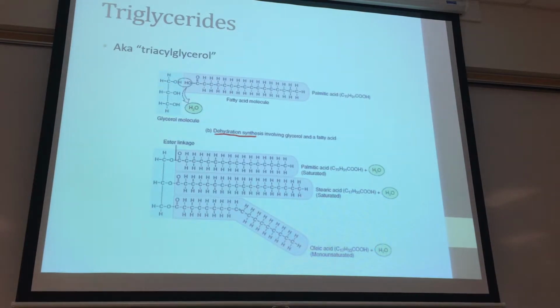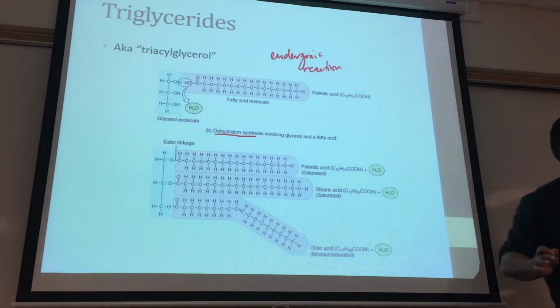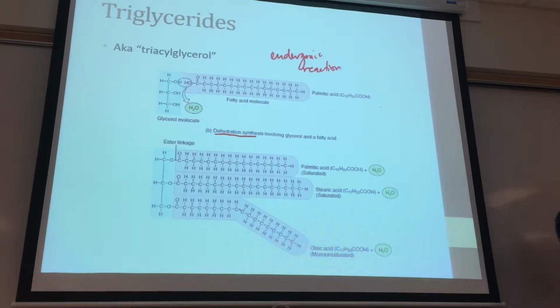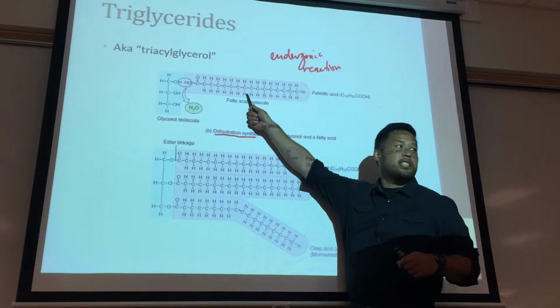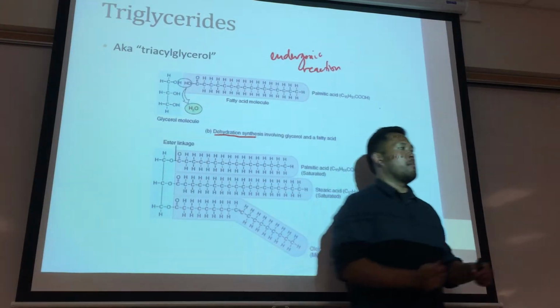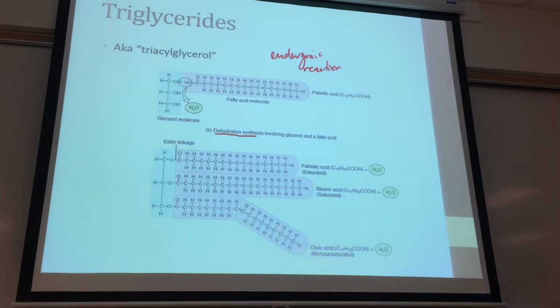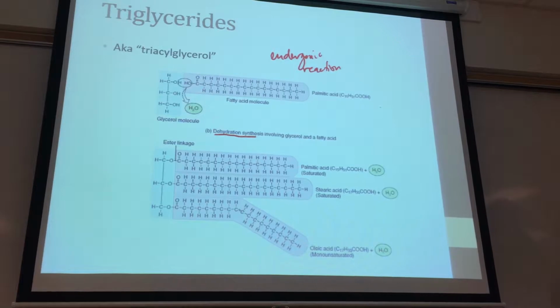So this is an endergonic reaction in order to build that molecule. I know I had a question earlier about what type of molecules you are building. This is exactly what I'm talking about: I'm attaching this fatty acid to the glycerol molecule. That's a reaction that involves energy in order to create. And when we invest that energy, a water molecule is lost. Hence why we have dehydration synthesis.